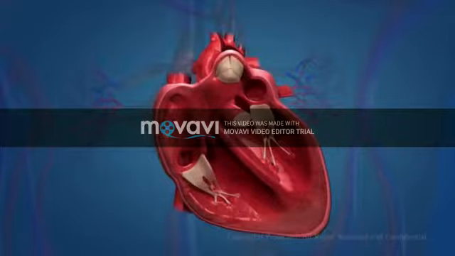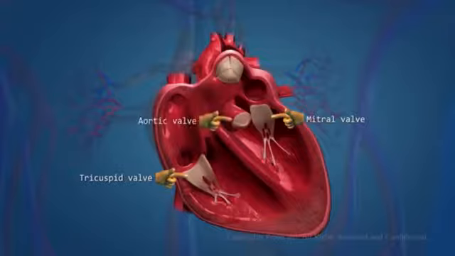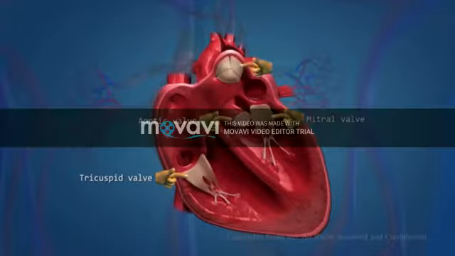These valves are the tricuspid valve, mitral valve, aortic valve, and pulmonic valve. These valves are one-way valves.